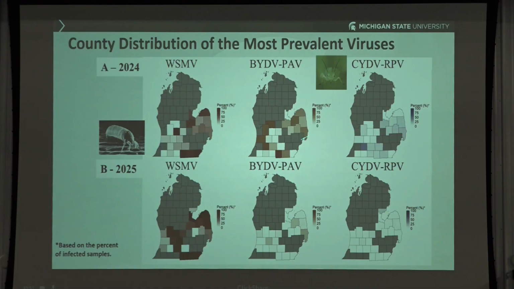The opposite was true for barley yellow dwarf and cereal yellow dwarf: they were widely distributed and highly prevalent both years, but in 2025 the amount decreased pretty significantly. This suggests there may be differences in vector activity, with the wheat curl mite perhaps more active in 2025, and inversely the aphid more active in 2024 versus 2025.